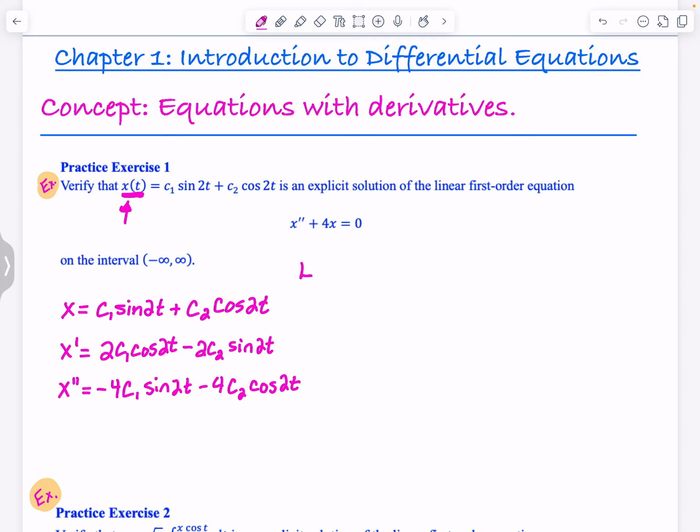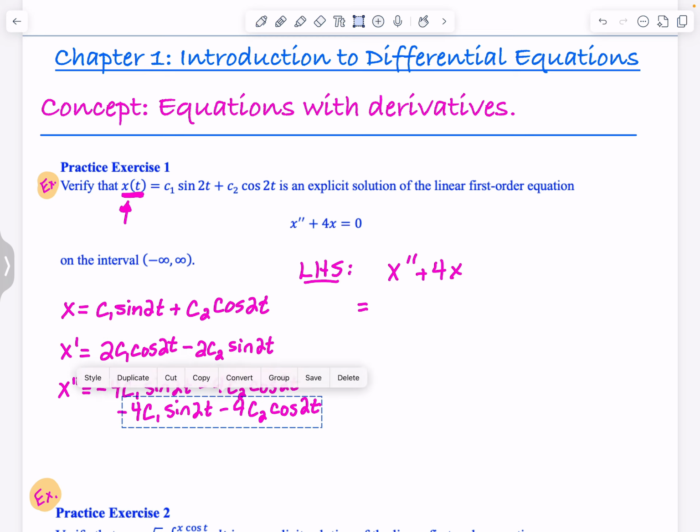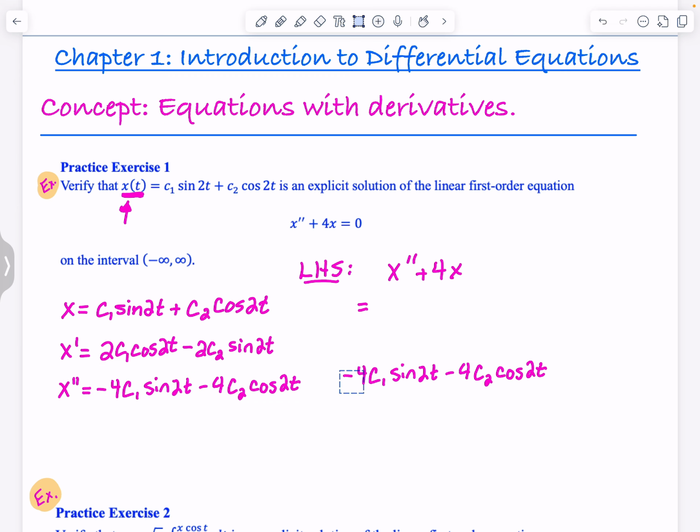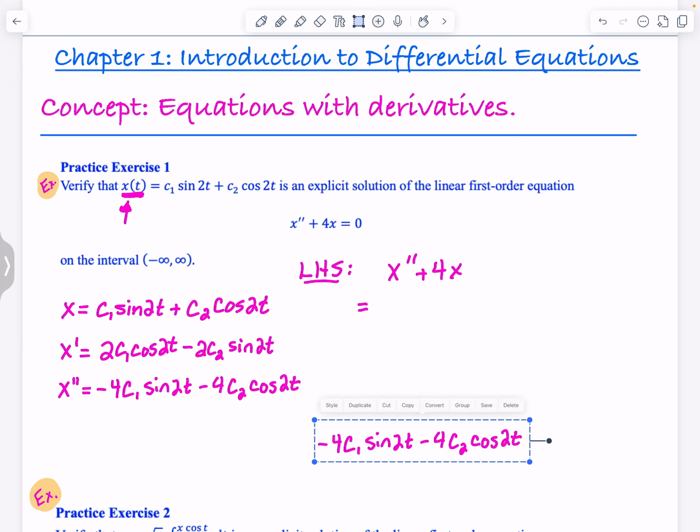I like to write this as left-hand side business because it's still formal, and I don't have to write everything out. So I'm going to do x double prime plus 4x, and then put an equal sign and work down. So equals the second derivative, and then plus 4 times x.